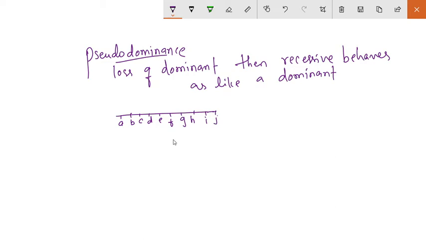So there are the two types of deletions.